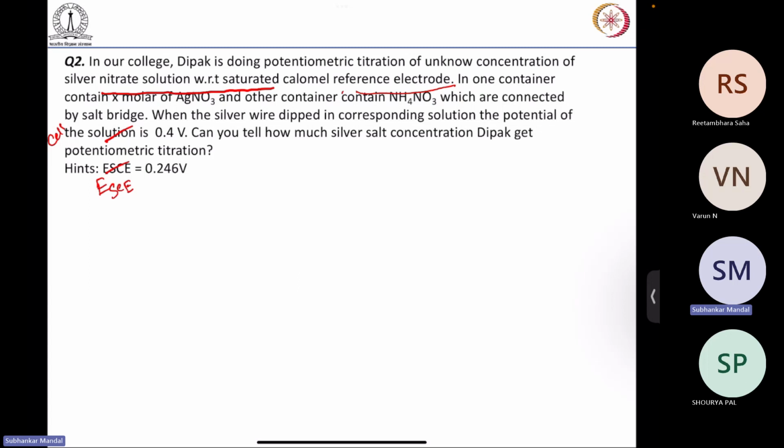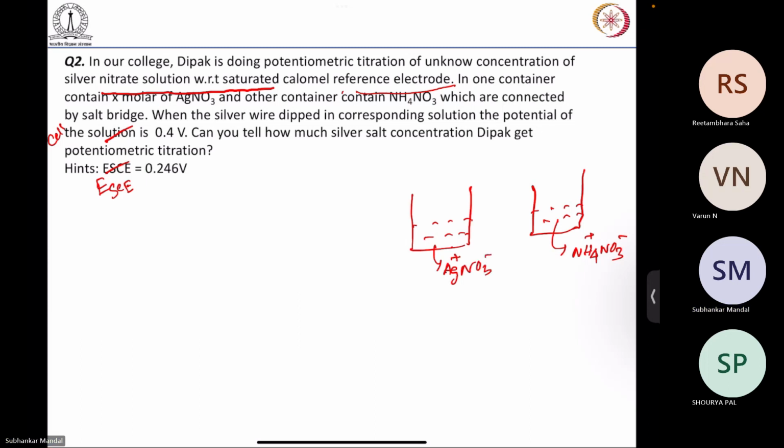In the class we have seen that there are two containers. In one container, ammonium nitrate is there, which is ammonium plus and nitrate minus. In the other one, silver nitrate is there. And these are connected by a salt bridge.